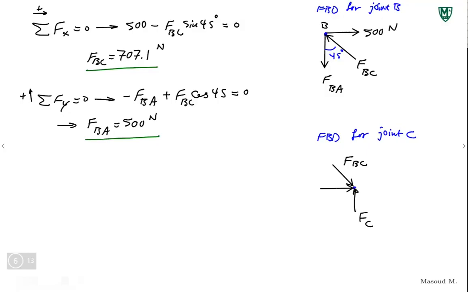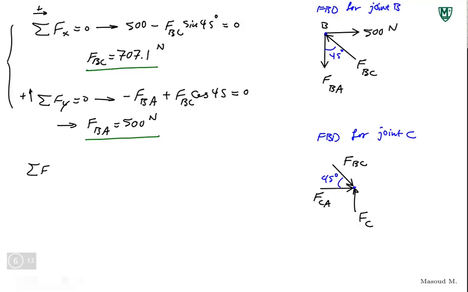These two I know. Remember, FBC I know and FC I know. The only force you can afford not knowing the direction for, in each joint, would be FCA. The angle was 45, so I'll just put it here. Now we'll do what we were doing for the previous member.